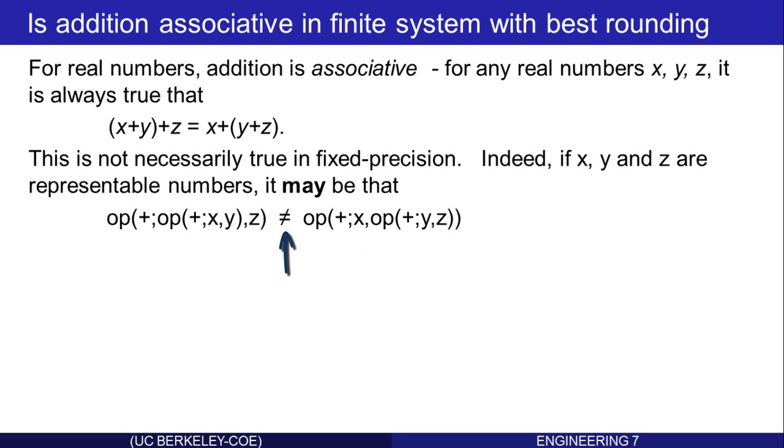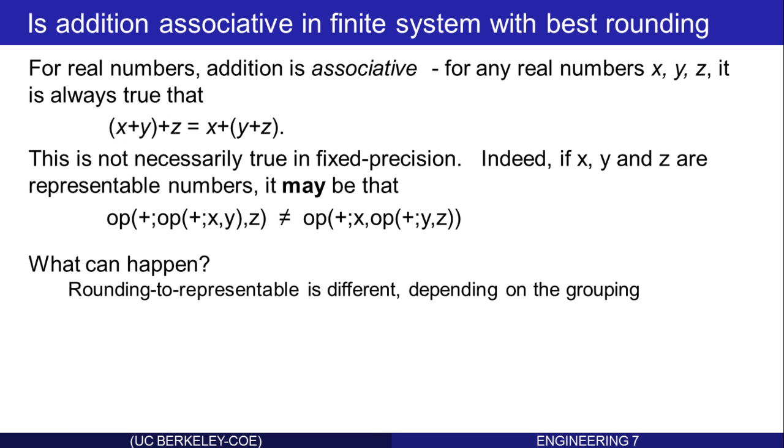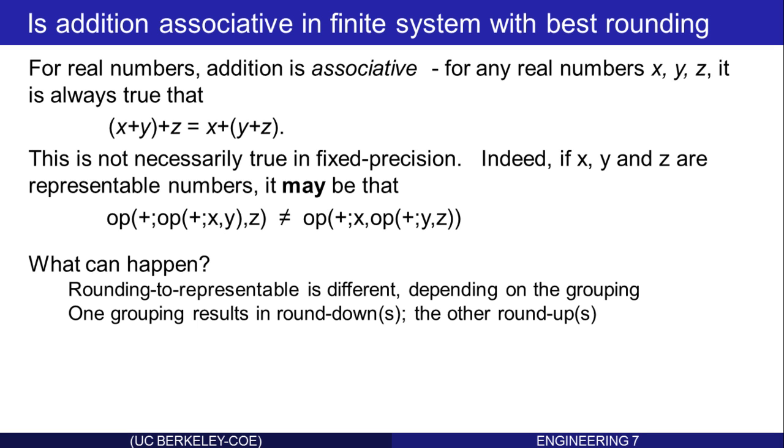It may be that these are unequal, unlike the result for real numbers, where associativity always holds. What can occur that would make that happen? It might be that the rounding to representable is different depending on the grouping. One grouping results in round downs, the other round ups, and at the end the result is different.